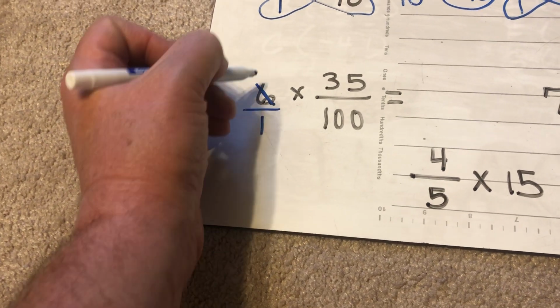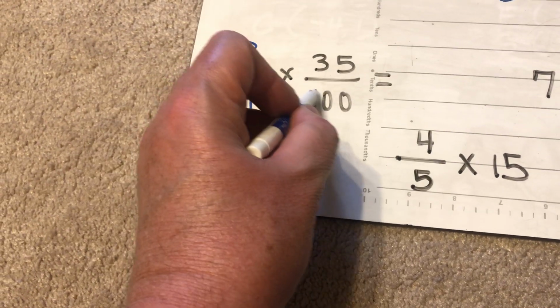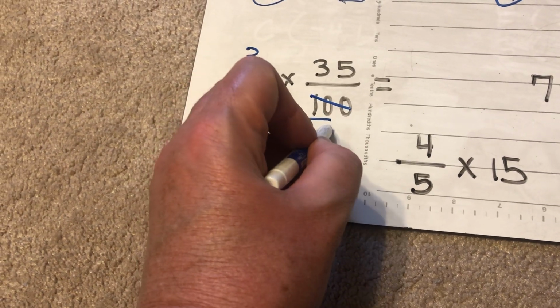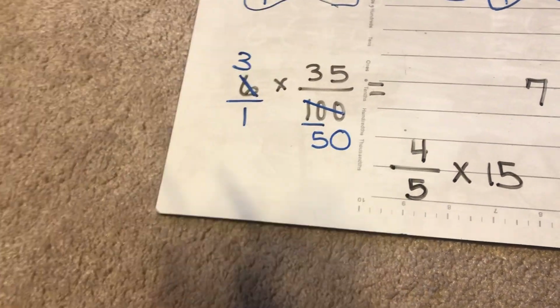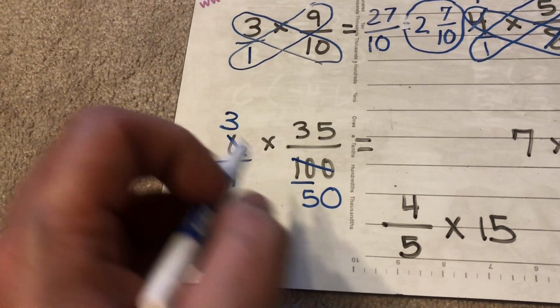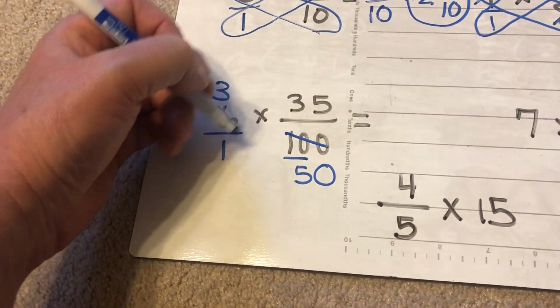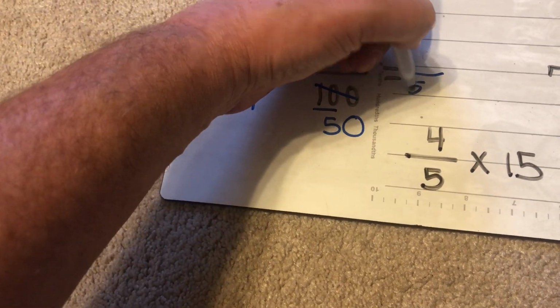Well, 6 divided by 2 is 3. 100 divided by 2. 10 divided by 2 is 5. I add the 0, I get 50. All right, so I get 3 over 50. There's nothing besides 1 that can go into both 3 and 50. So I'm going to do 1 times 50, and that's 50.